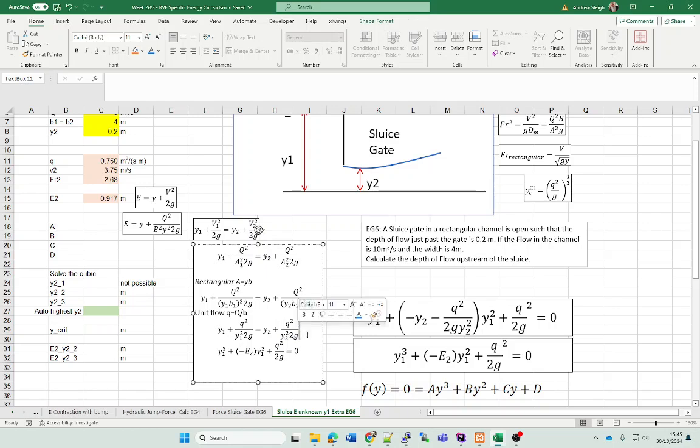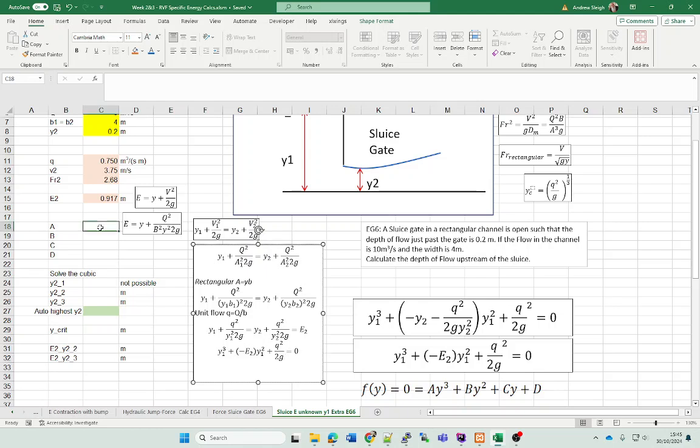Now I could put this in here. Let's edit this equation live: here is equal to E2. That's where this equation comes from. We just rearrange this second to last equation, we get y1 cubed minus E2 y2, sorry, y1 squared plus q squared over 2g is equal to 0.